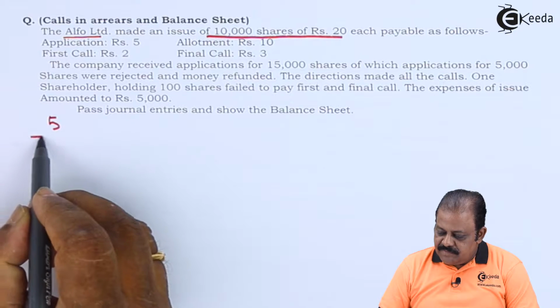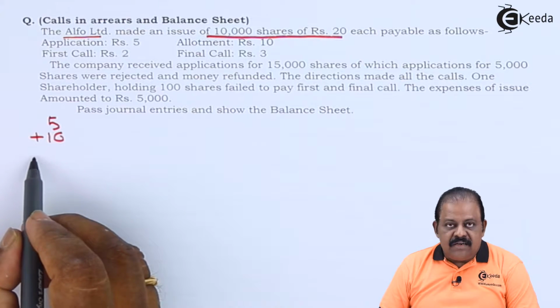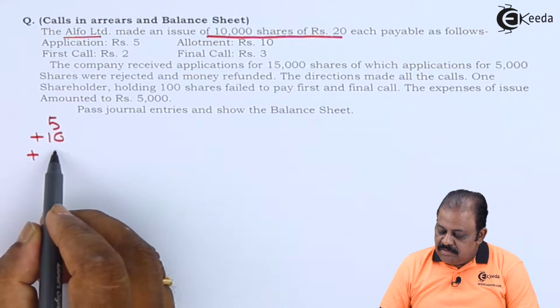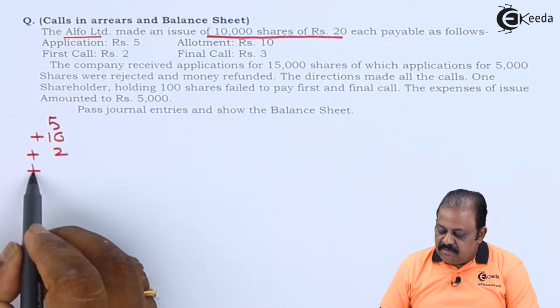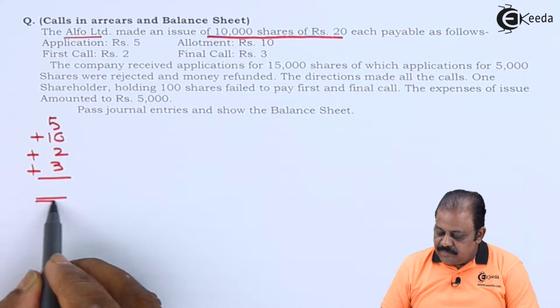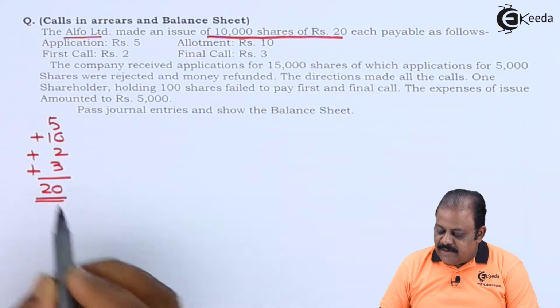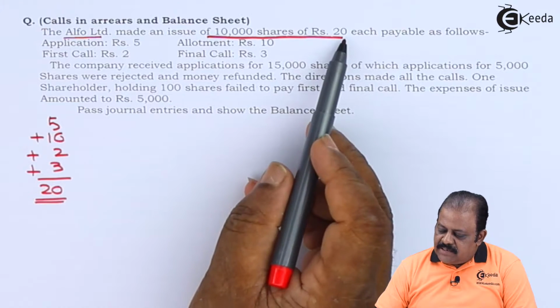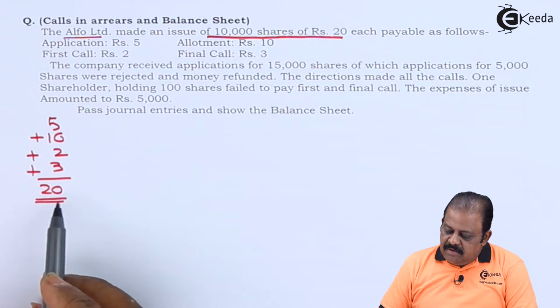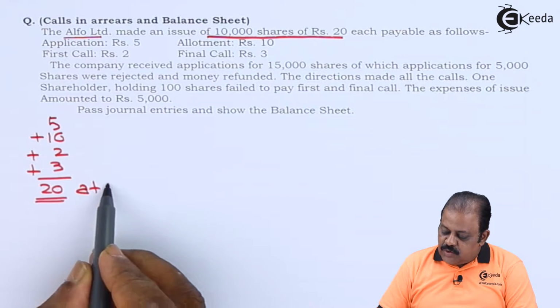Total is 20 rupees. Nominal value of share is 20 and here total is also 20. That means shares are issued at par.